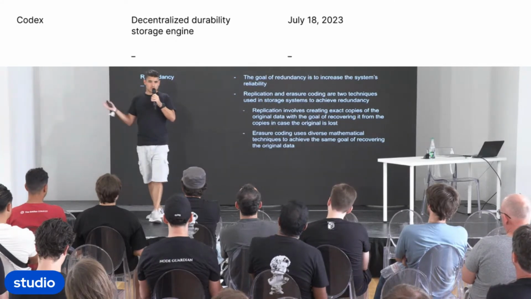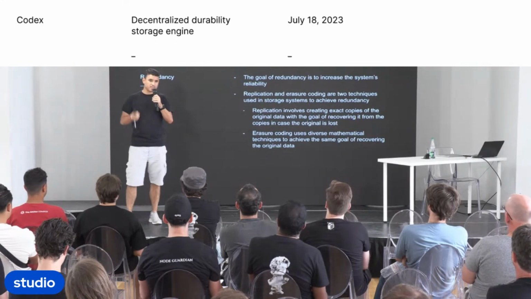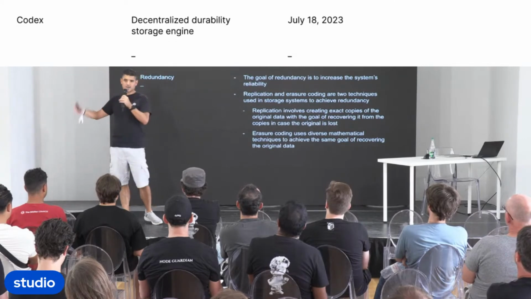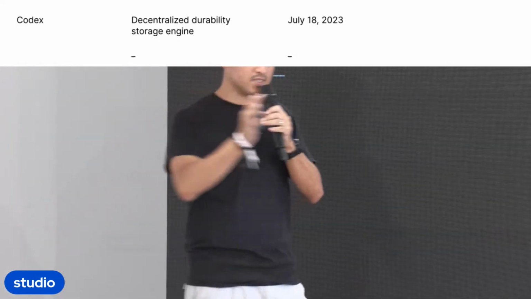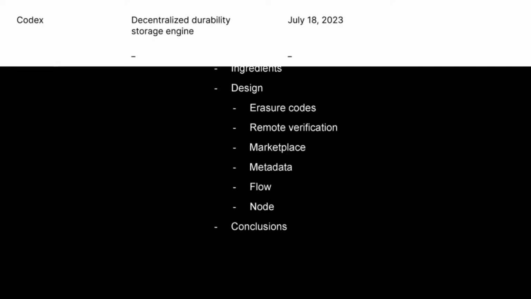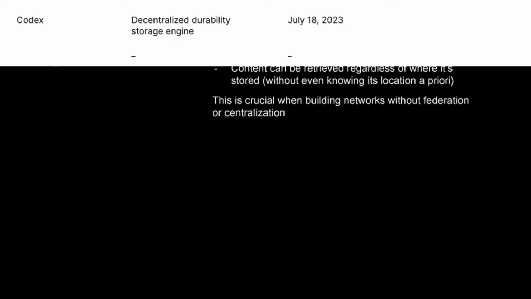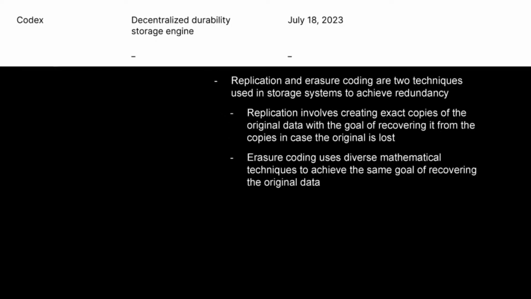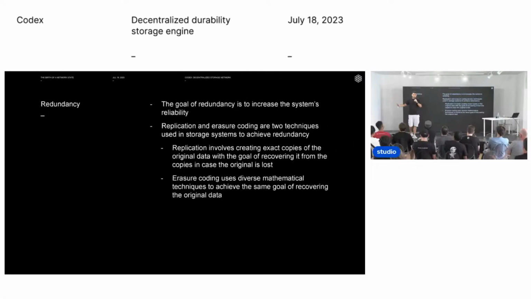Replication is super simple, it's straightforward, is I take this data and I copy it in another place, okay? So if this hard drive fails, I still have it in another hard drive, right? And if I want to be very, very sure that I will retrieve it, then I just copy it into 2 hard drives or 3 hard drives, right? And so that guarantees that even if 2 of them fail at the same time, I still have the 3rd one that is available somehow.